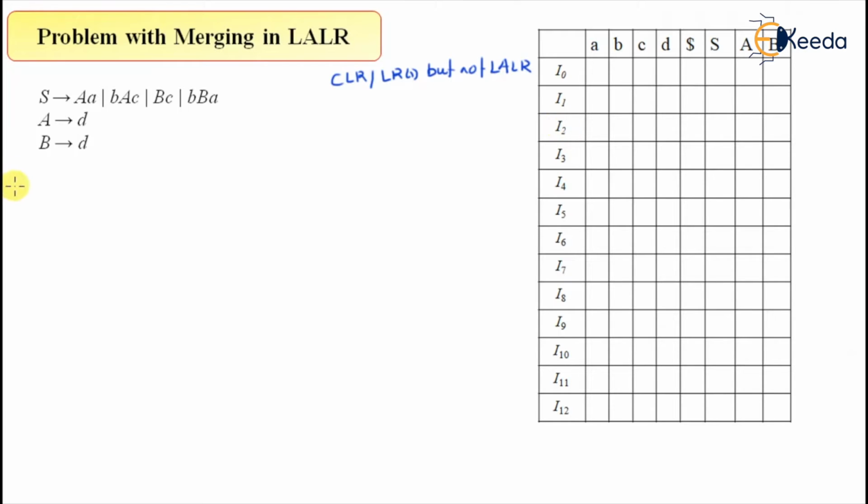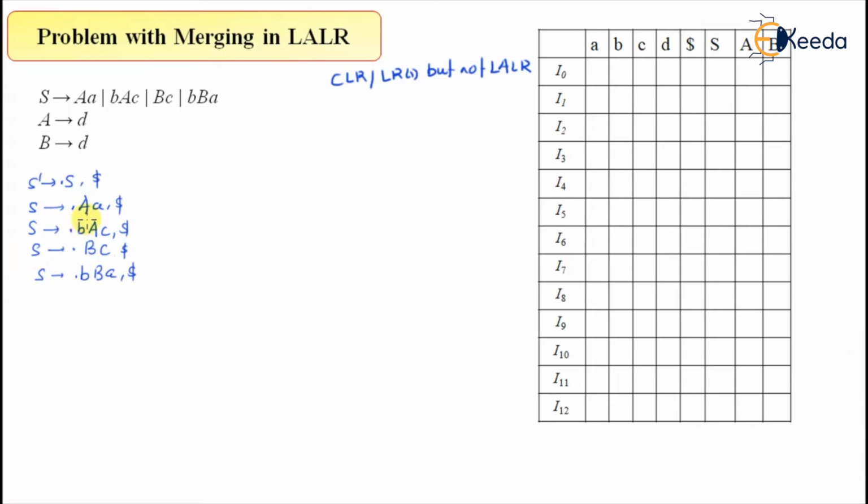This is the grammar: the augmentation S' derives dot S, S derives dot AA, S derives dot BAC, S derives dot BC, S derives dot BBA. The rule is that each will be followed by dollar, dollar, dollar, and this will also be dollar.